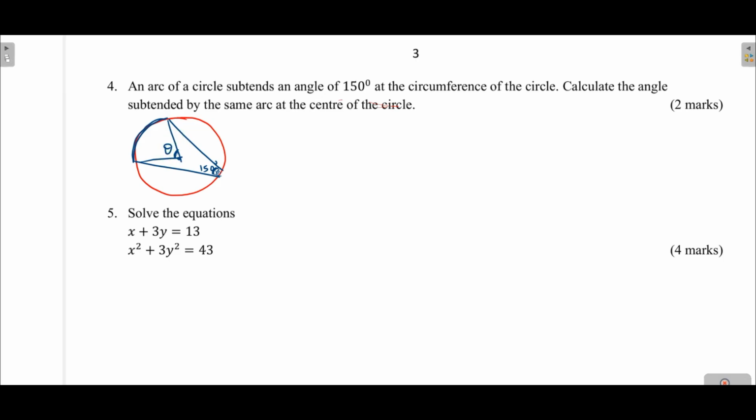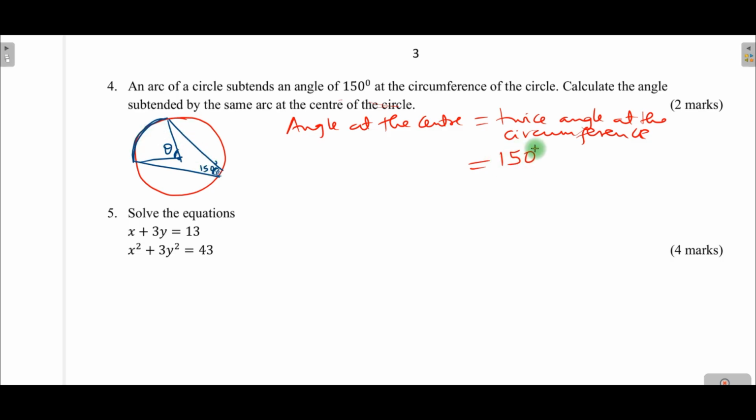We need to note from the angle properties of a circle that the angle at the center is twice the angle at the circumference.